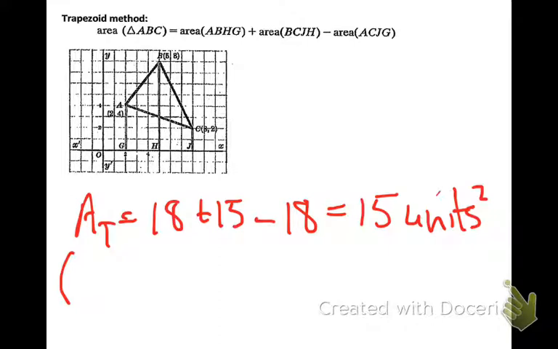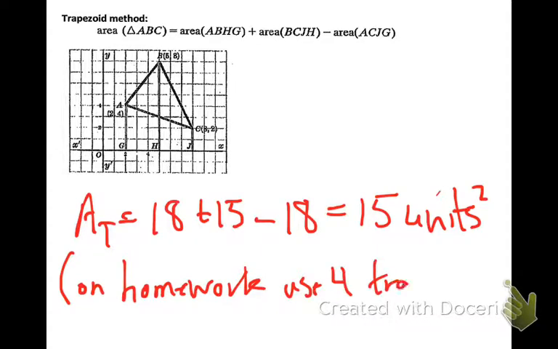You have 3 across, and then you'll subtract 1. I think I'll let you guys figure that out. But I'll give you the clue that you have to use 4 trapezoids rather than 3 on the problems I gave you. So make a note of that, or just remember, on the trapezoid problems, use 4 trapezoids rather than 3.